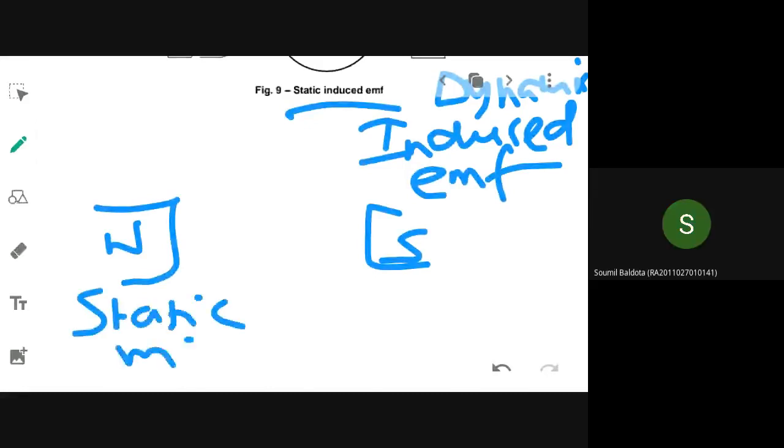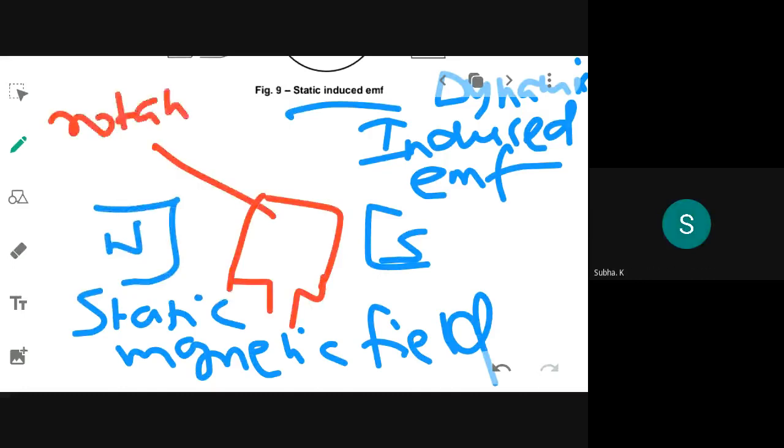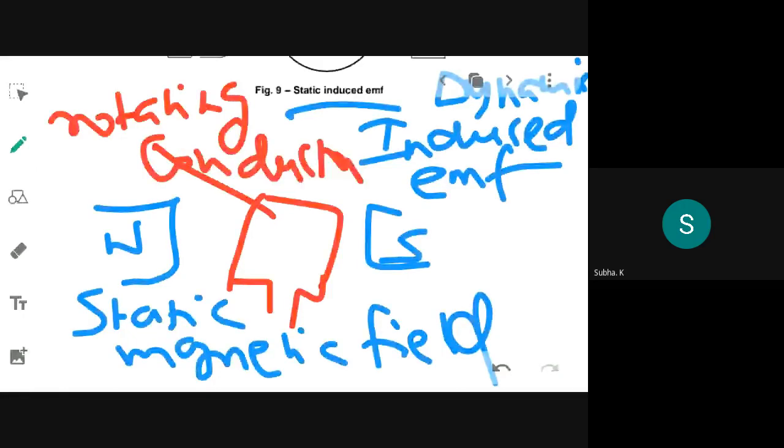So this is your static magnetic field. But what is kept rotating? The conducting coil. So the conductor is made to rotate. Okay, so this is the setup. A rotating conductor placed in a static magnetic field results in dynamically induced EMF.